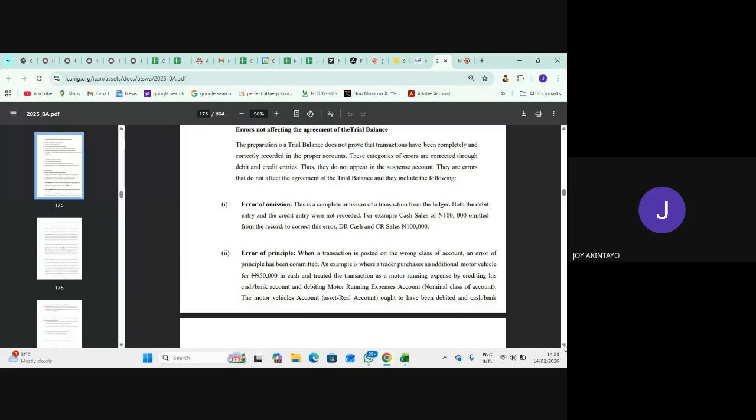If you are to record this transaction, you debit your motor vehicle account and you credit your cash account. But based on the error, instead of debiting your motor vehicle account, you debit motor vehicle expenses account and you credit your cash account. You know that kind of error has occurred. Yes or no?